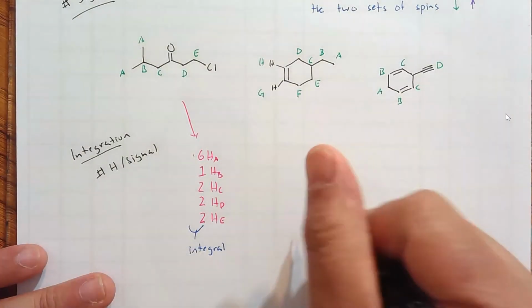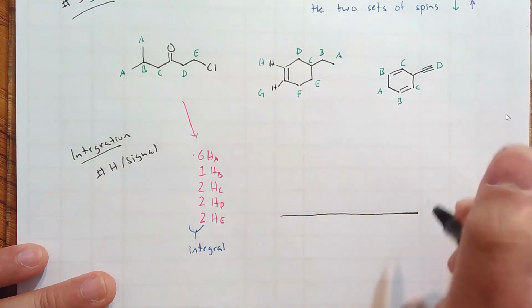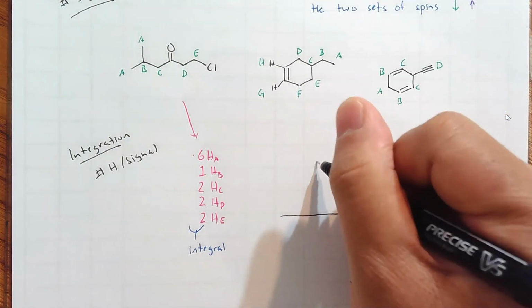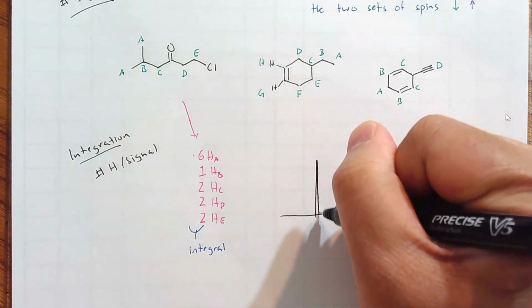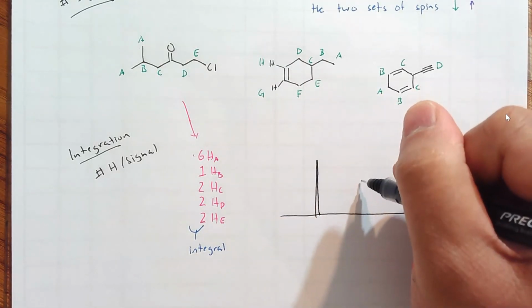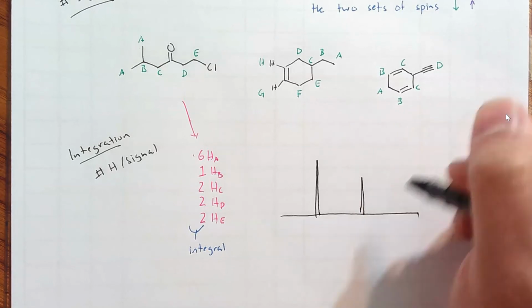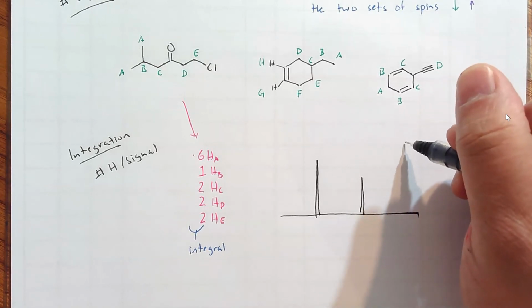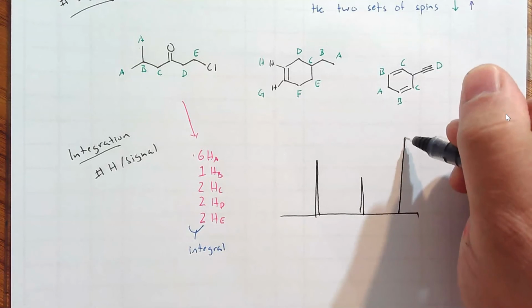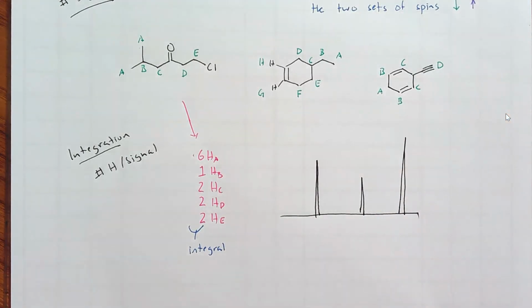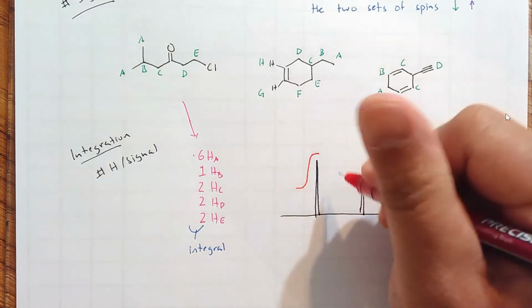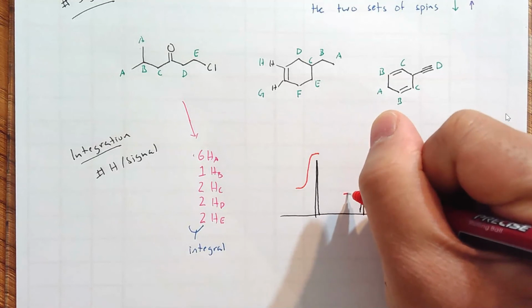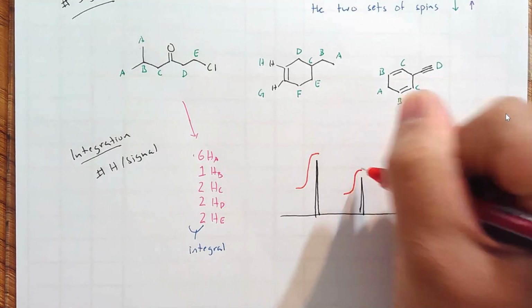So let's sketch that out. We have a signal here. So I draw it as a line, but it's actually a hill. And I have a signal here. They're all 1 peak per signal. The numbers were this. Actually, when you take an integral, the machine is taking the area underneath each curve, and you'll see it something like this.